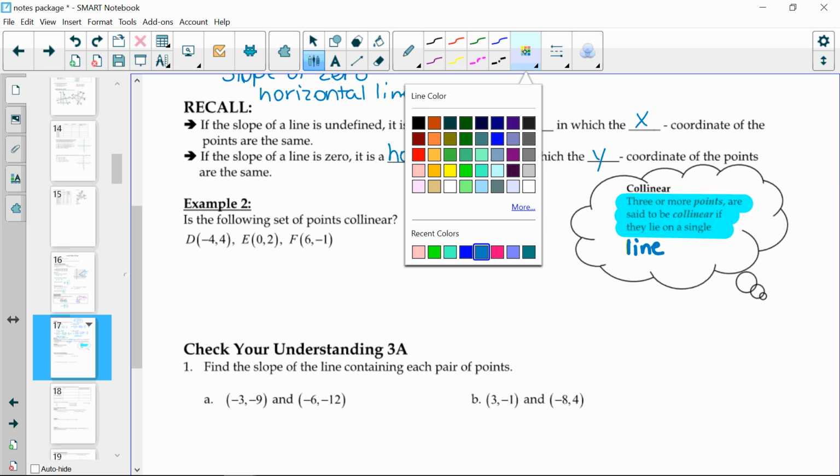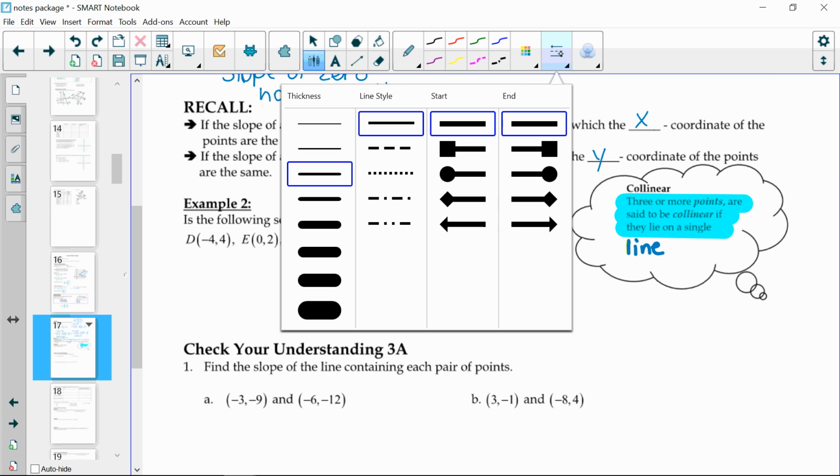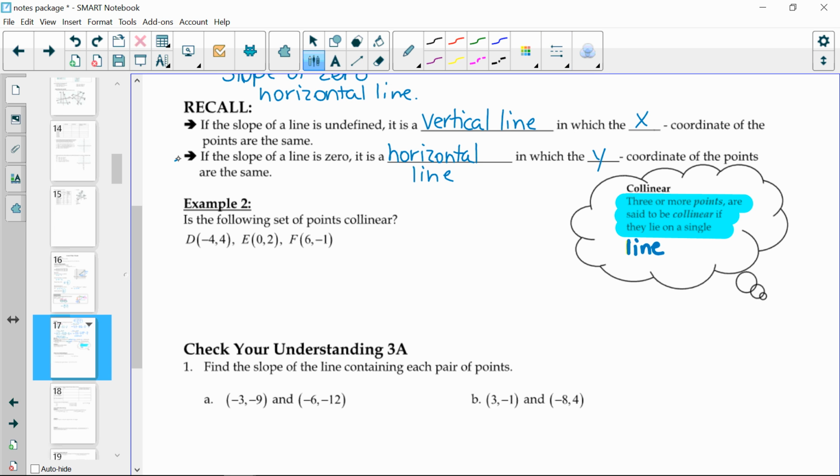Meaning, are they on the same line? That's what we are asking ourselves. So, look at these 3 points, D, E, and F. Are these points collinear? I want you to know how to show this algebraically.